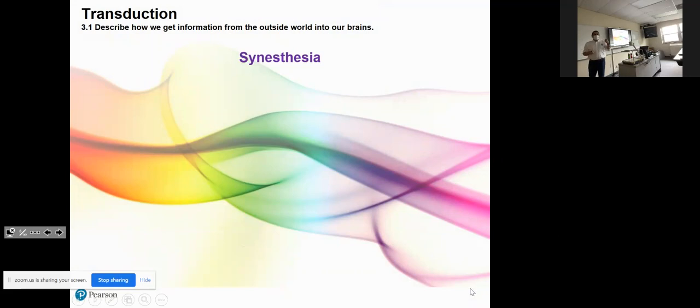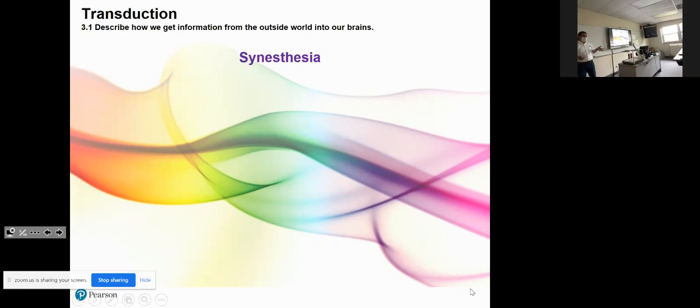Now I put this term up here, synesthesia. This isn't anything you really have to concern yourself with. This is just an example of where things go a little differently for some people. Synesthesia, when we're talking in terms of transduction, is just what I was talking about earlier. We're taking the outside world through our senses, and then we're processing them mentally, and then doing something with that.